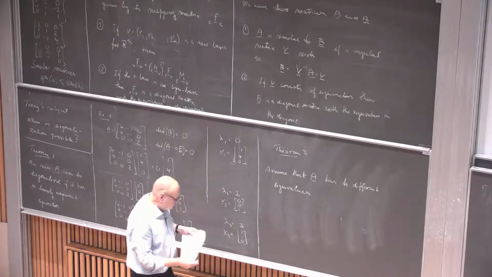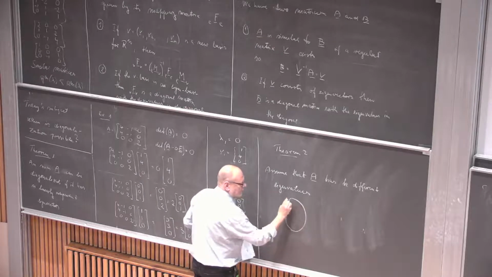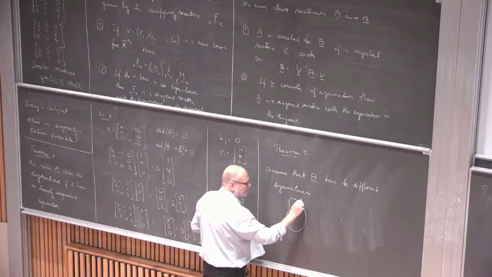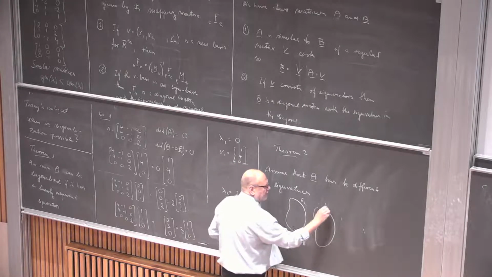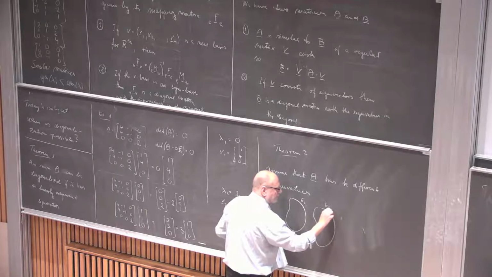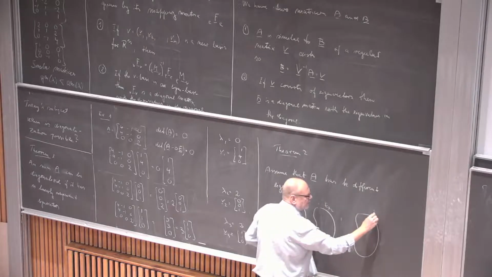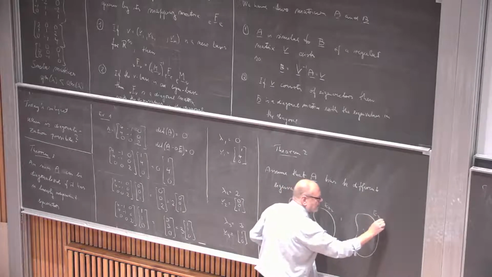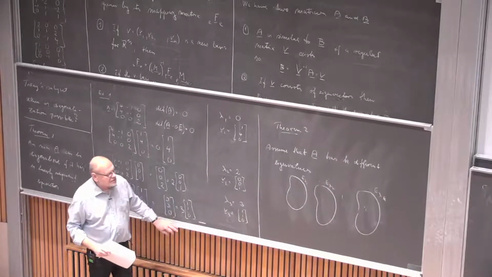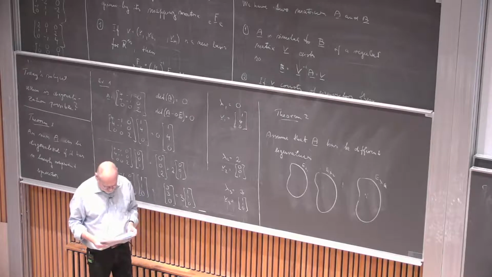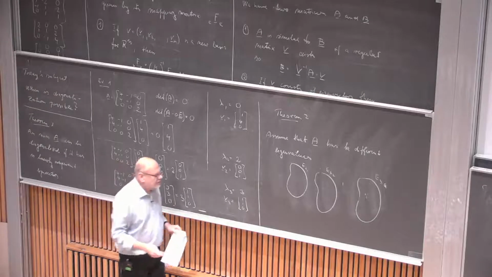And this means that you have k eigenspaces. So say here you have E lambda 1. Here you have E lambda 2, and so forth. Here you have E lambda k. So you have these eigenspaces here corresponding to the different eigenvalues. And then to the theorem.